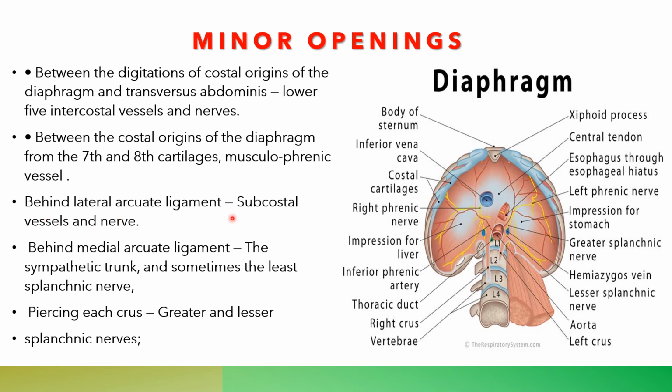Behind the lateral arcuate ligament, the subcostal vessels and nerve. Behind the medial arcuate ligament, this already you know what is lateral arcuate ligament and medial arcuate ligament, the sympathetic trunk, sometimes the least splanchnic nerve. Piercing each crus, we have greater and lesser splanchnic nerves. So these are the minor structures passing through the minor openings of the diaphragm.